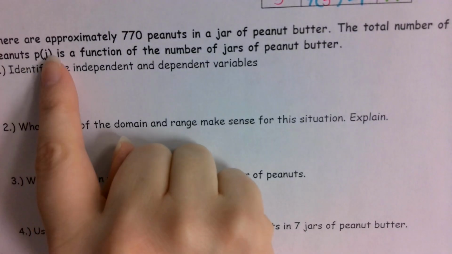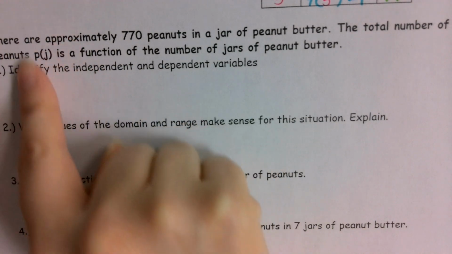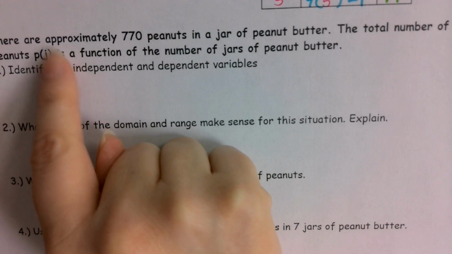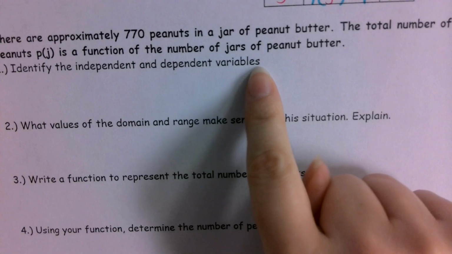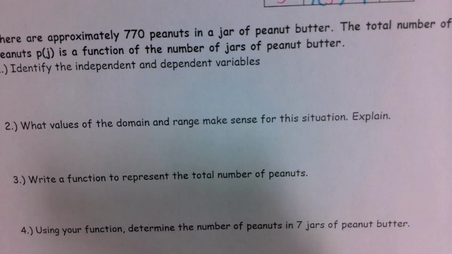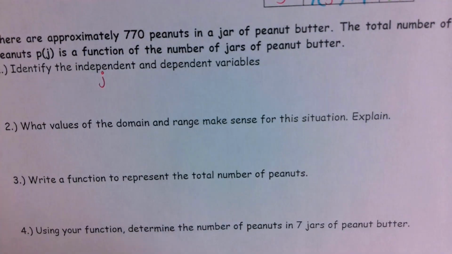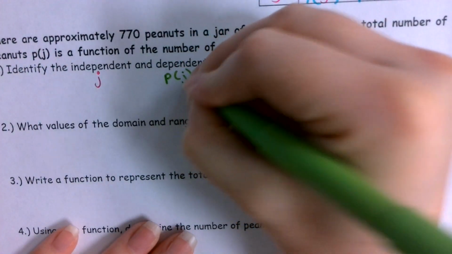So P of J is the range. The J is the independent value, the domain. Okay, so identifying our independent and dependent, that means that your independent is going to be the J, your dependent is going to be P of J.